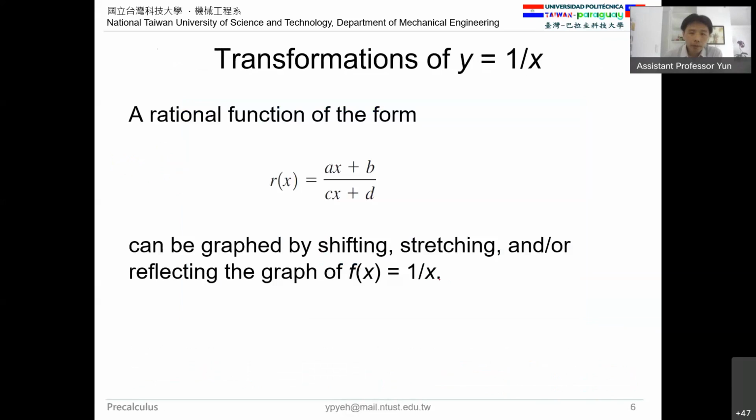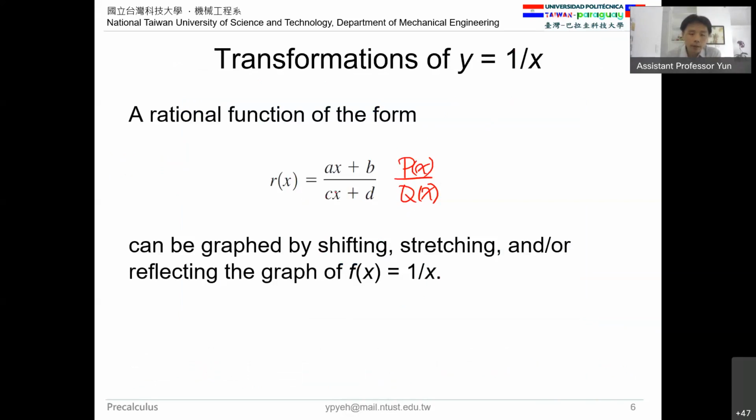Okay, so we understand the rational function is p of x divided by q of x, right? These are polynomial functions, and then we can find the transformation from y equal to 1 divided by x.